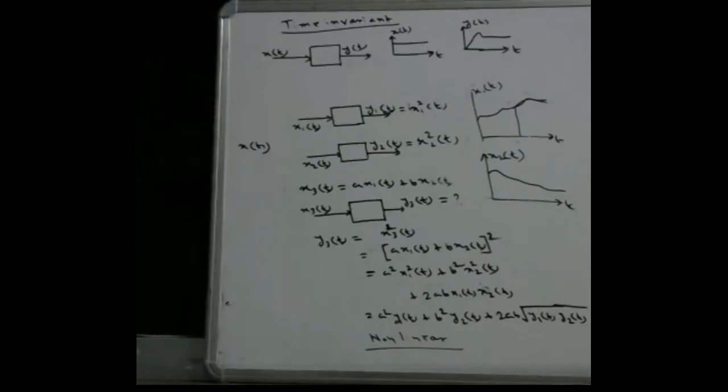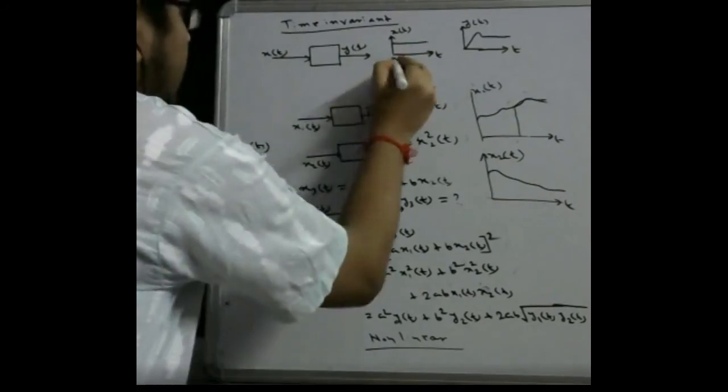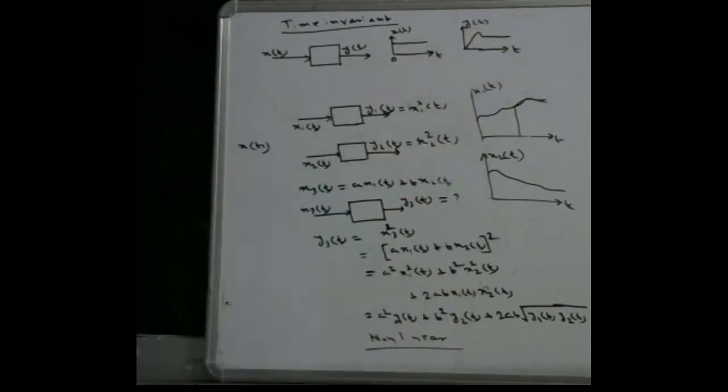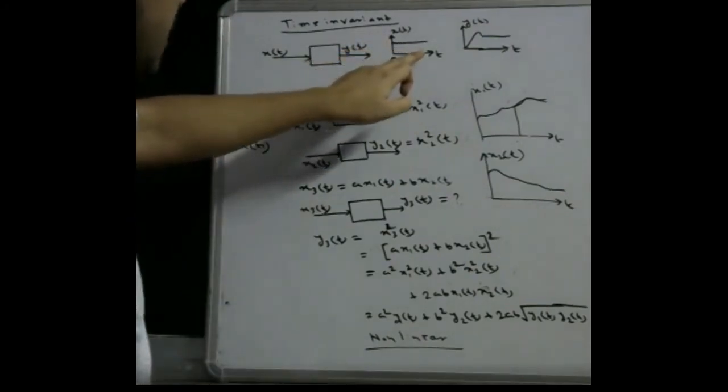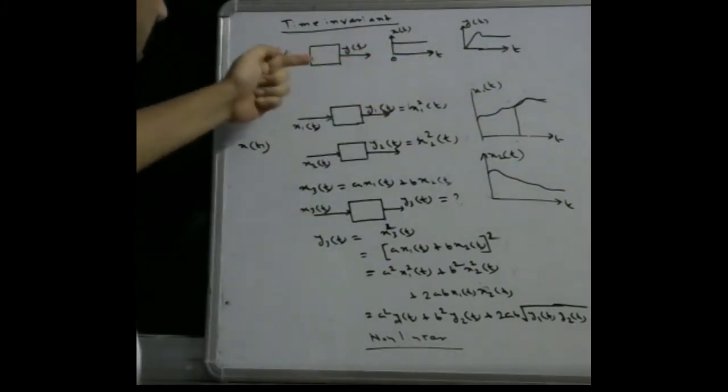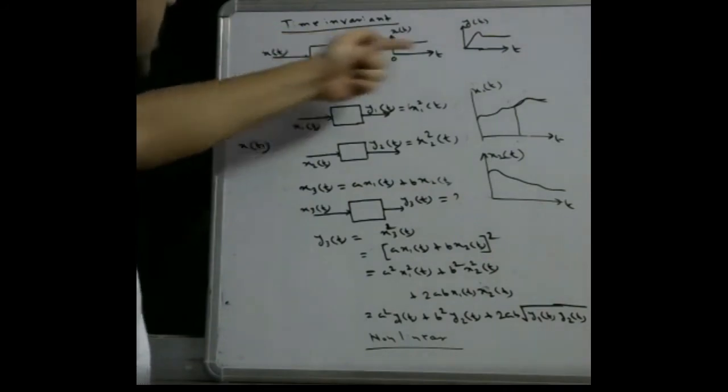In this case we have applied the input starting from t equal to 0, and with this type of step input applied to the system, we have this type of output.